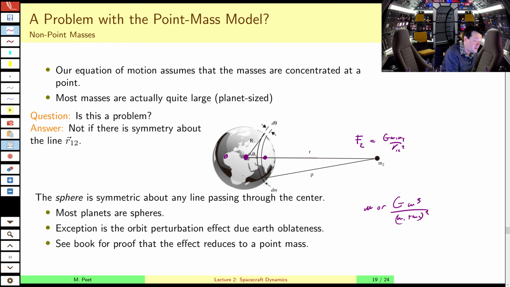Likewise, there's a part of the planet which is farther from you, and it's exerting a weaker force. Force weak, force strong. And so these deviate from our point mass approximation. Fortunately, however, they exactly cancel each other out, it turns out. It's not obvious that they do, but they do. The weaker part of this mass exactly cancels out the extra force due to gravity due to the stronger force from this part of the mass.